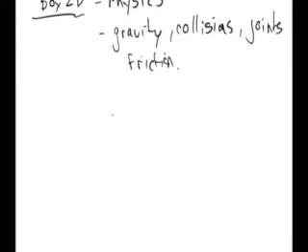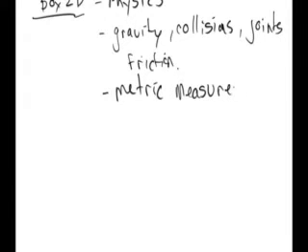Now the engine's a little bit tricky to understand at first because you have to convert scene measurements into meters per second and other metric measurements, because Box2D does all of its simulation using metric measurements. But we'll explain how to work through that when we get to that point.